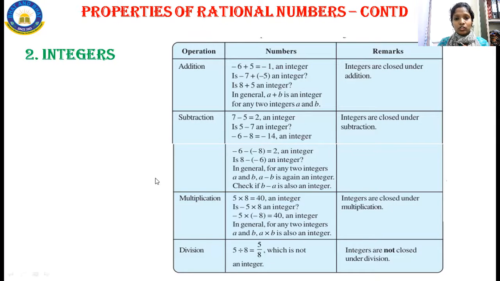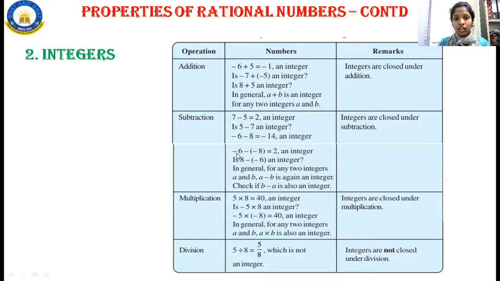And then when I come to subtraction, see here, 7 minus 5, which is equal to 2, it is an integer. Is 5 minus 7 an integer? You don't know. And then minus 6 minus 8, which is equal to minus 14, whether it is an integer or not, we have to find that out.